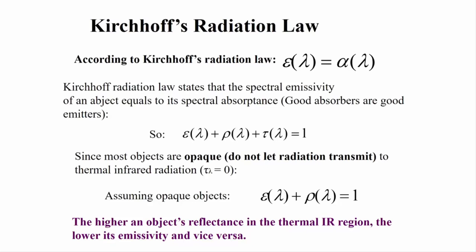Since all the metallic objects are very good reflectors, they will be poor absorbers and poor emitters, so for the metallic objects we are going to get very low emissivity. And for dark color objects like dark carbon particles, if the surface has a dark color, the emissivity will be very high and the reflectance will become very low.